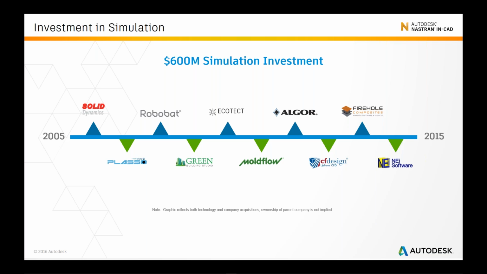Hopefully, if we're given a chance in a forthcoming webinar, we would show more of these technologies that Autodesk is investing in, and this provides more value to our existing customers as well as new customers who adopt Autodesk products.